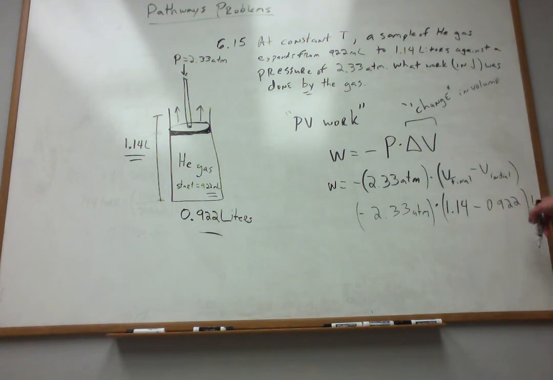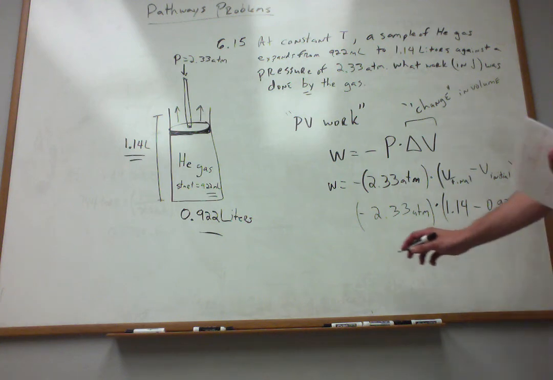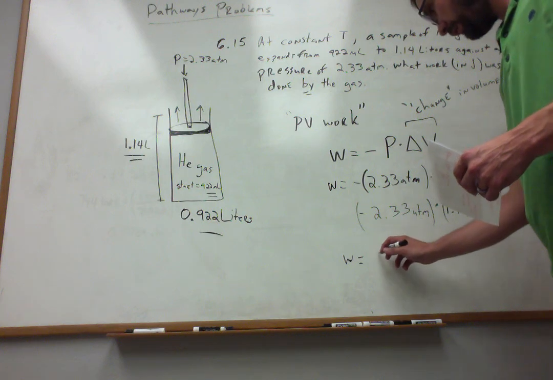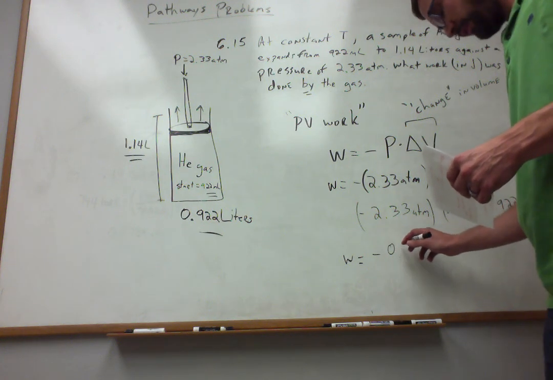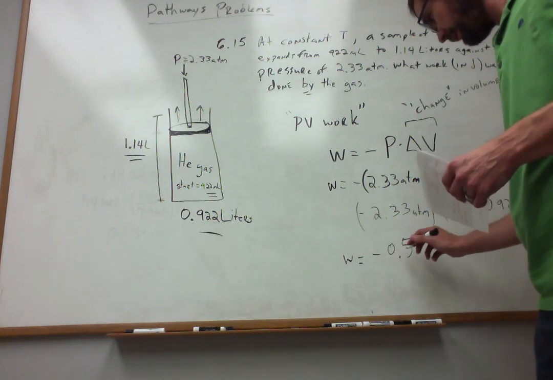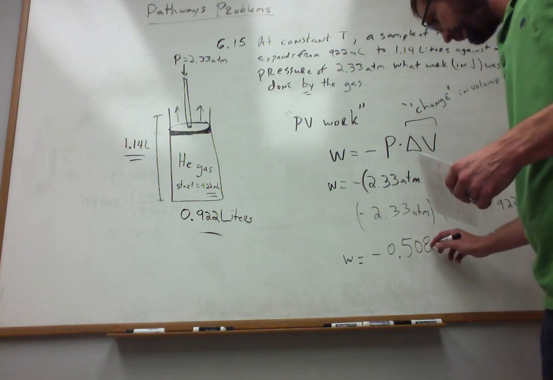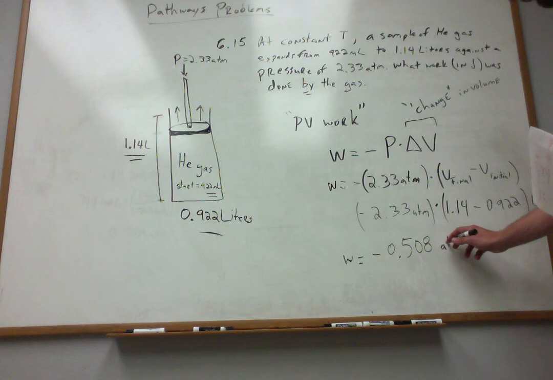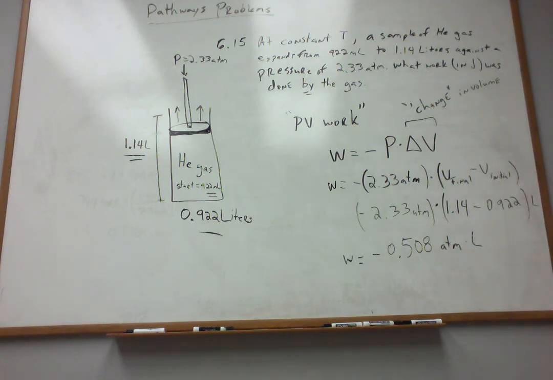If we do the multiplication and work this out, W equals negative 0.508. And what units are going to come along for the ride? Atmosphere-liters. So negative 0.508 atmosphere-liters.